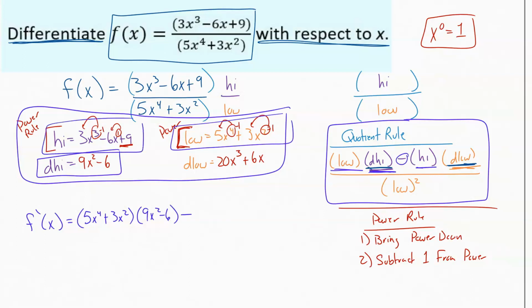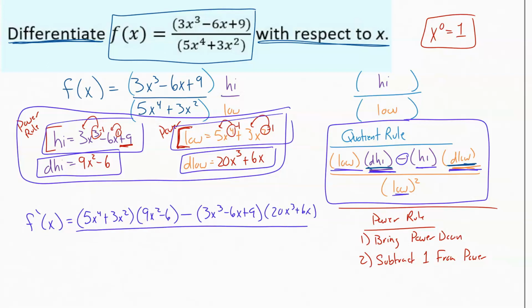So we go grab the high piece: 3x cubed minus 6x plus 9. And then multiply that by the d low, the derivative of our low, which is 20x cubed plus 6x. And then all of that is over the low squared. So again, grab your low piece, put it in a set of parentheses, whatever it is, and square it. And that's it. That is your final answer.